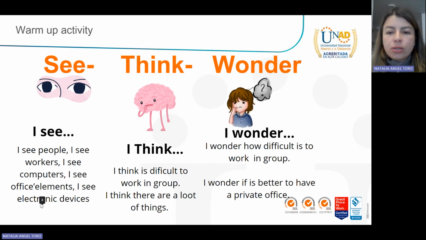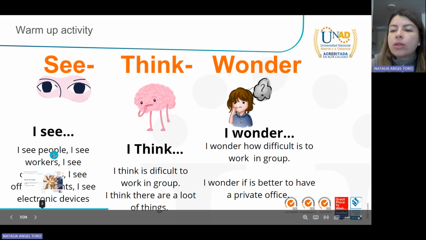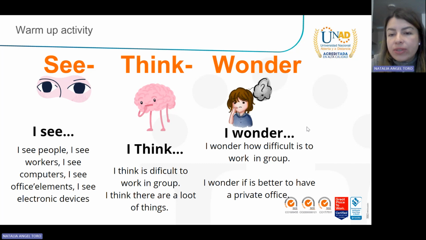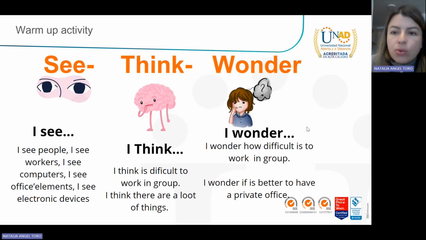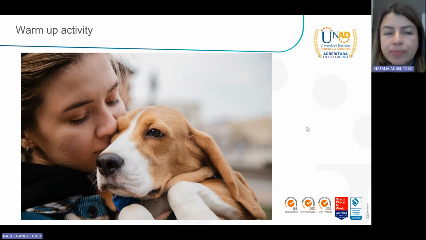Which questions do you have based on the picture? For example, I wonder how difficult it is to work in a group, or I wonder if it's better to have a private office. So the idea is to develop those 3 steps based on every detail you can see on the picture. So now you're ready, it's your turn.